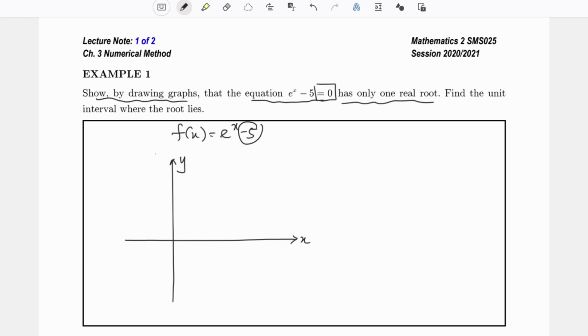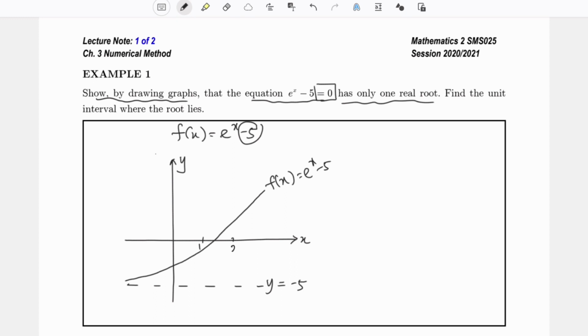Since it's minus 5, the graph shifts 5 units below, so find the line y equal to negative 5. Use proper scale. So sketch the graph.